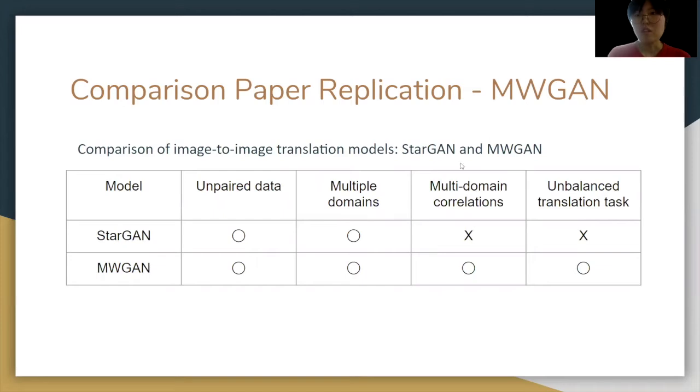The difference is that MWGAN can exploit multi-domain correlations and is thus expected to have better performance in tasks where data is unbalanced among domains. This difference occurs because MWGAN aims to minimize Wasserstein distance among domains. The point is that MWGAN exploits cross-domain correlation, which improves performance.